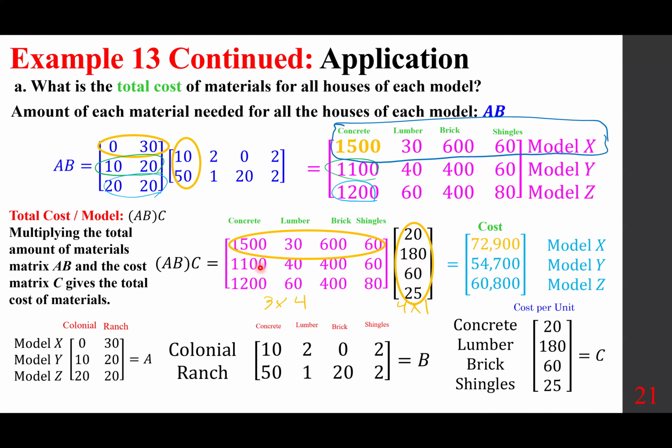Now, if you multiply this one by this one, it gives you the second one, and this one by this one gives you the last one, which means Model X is going to cost $72,900. Model Y, $54,700. Model Z, $60,800. So that's the total cost of materials.